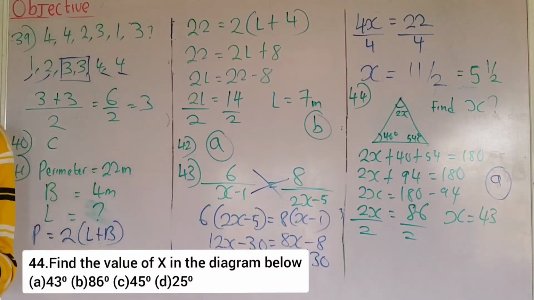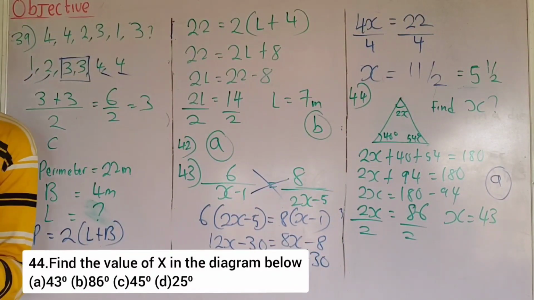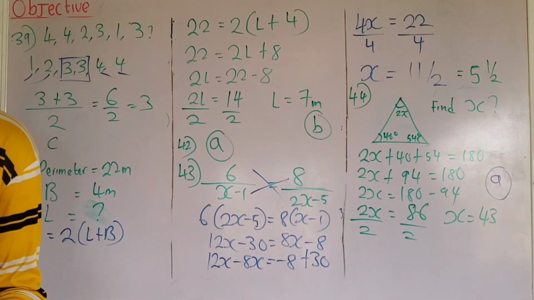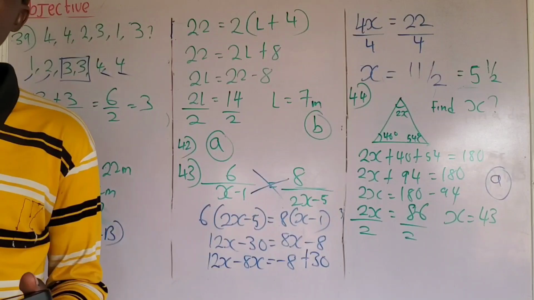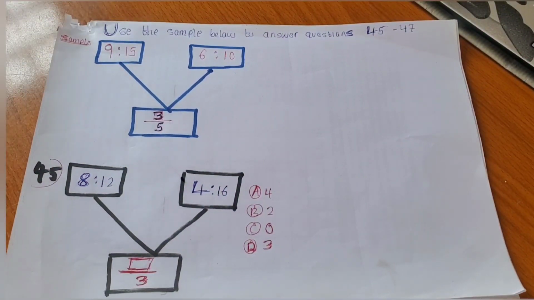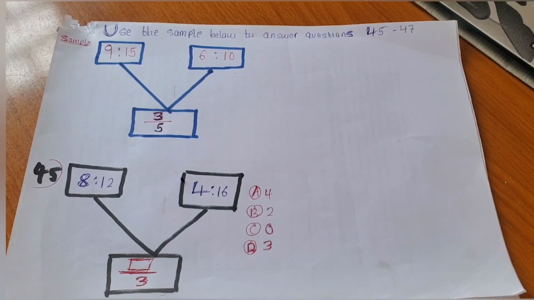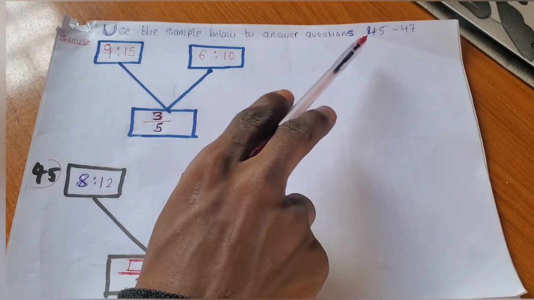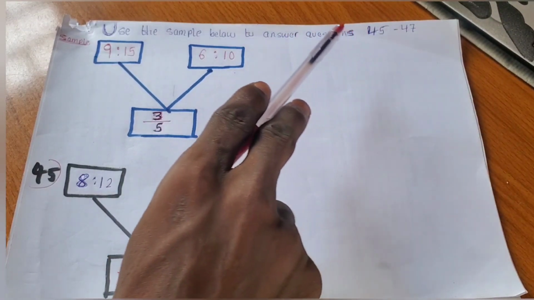Now, we have gotten to an aspect of quantitative reasoning. In this your exam, expect this type of question, and you're also going to answer quantitative reasoning questions. This is the quantitative reasoning question for 2021-2022. Please pay attention. We are asked to use this sample below to answer questions 45 to 47.